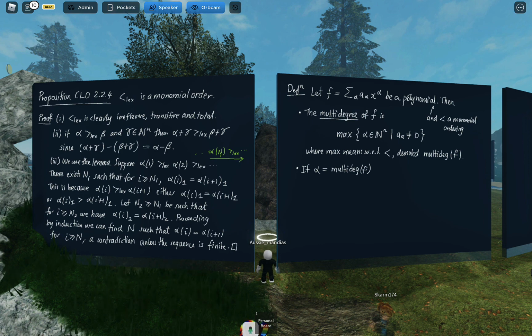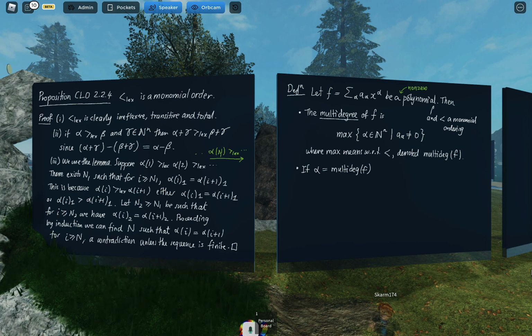As defined, this has a bug. On 0f? Yeah, exactly, right. So if f was 0, this set would be empty. And what do I mean by the maximum? Okay. So a non-zero polynomial. All these things are only defined for non-zero polynomials.